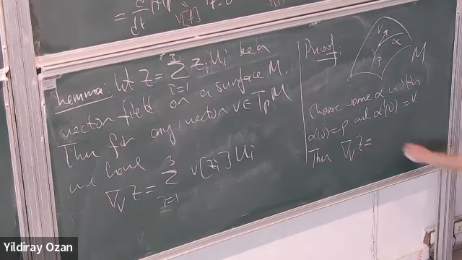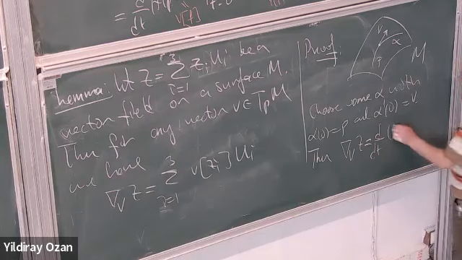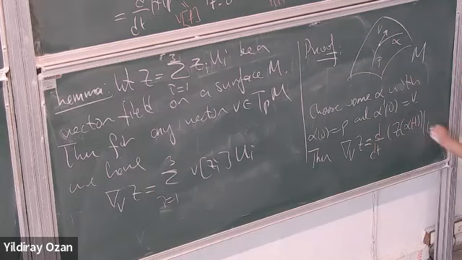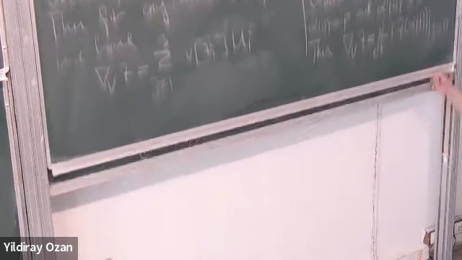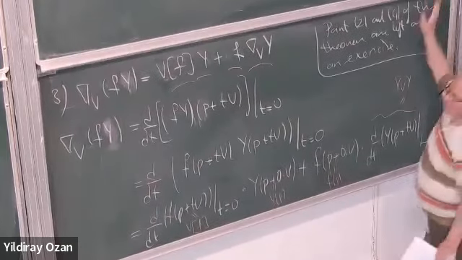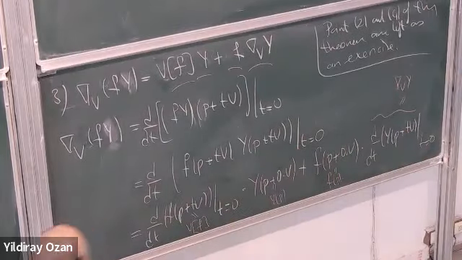Well, this is just d/dt of Z of alpha(t), at t equals 0. What is Z of alpha?